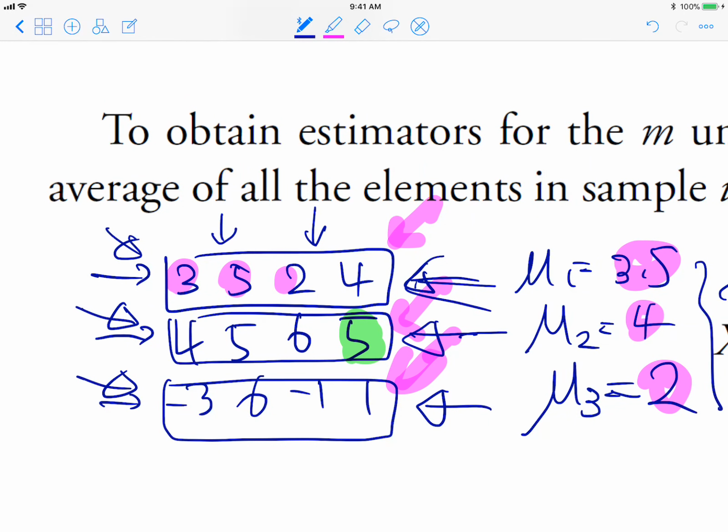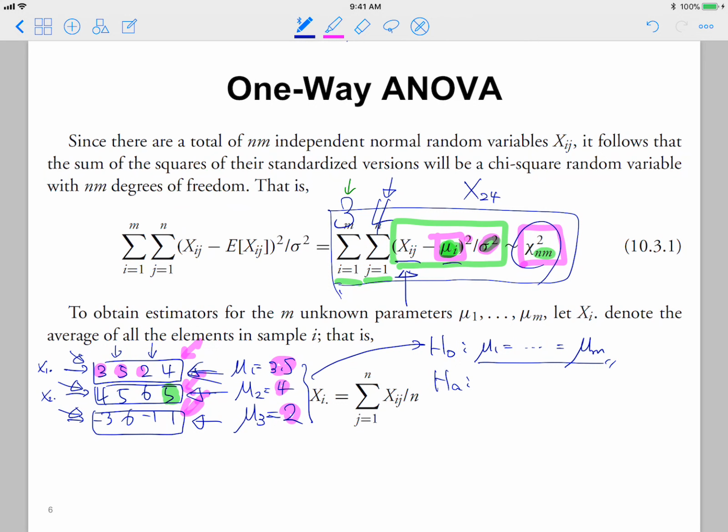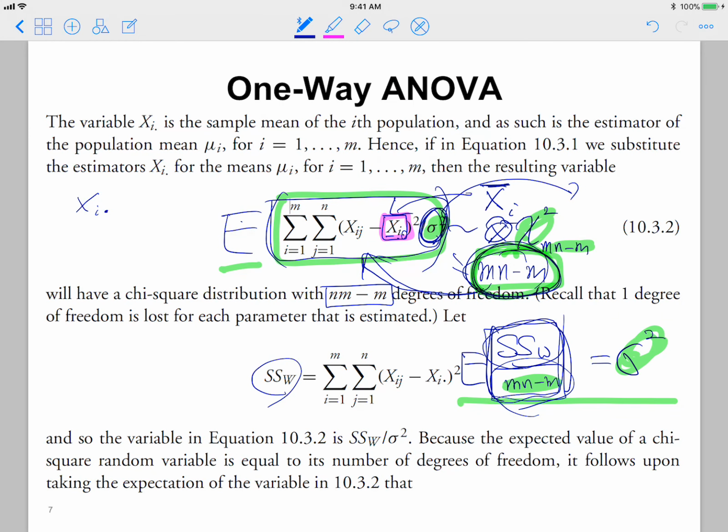We can easily compute the sample mean, which will be called x1 dot for the first group, and the sample mean of the second group will be called x2 dot, and so on. Then we replace the true mean value with this approximate sample mean.